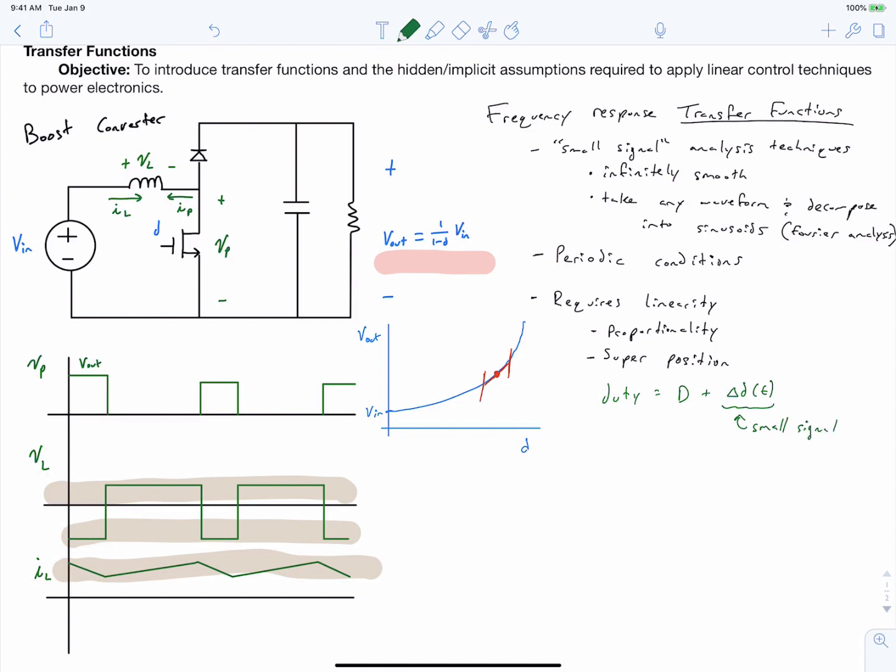Or similarly, we could write the input voltage to our system in terms of a nominal input voltage plus some delta Vin of t, which is again our small signal. The other implicit assumption that we're making in this type of analysis is to assume that our control action is slow compared to our switching frequency.